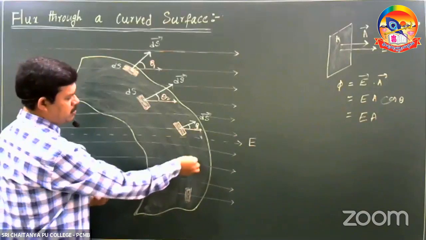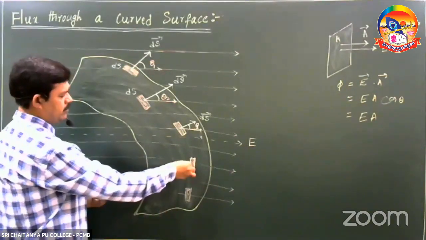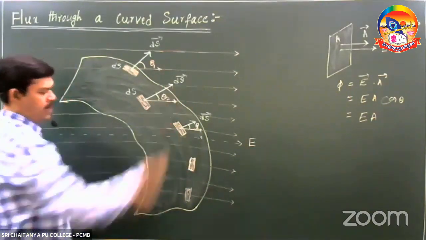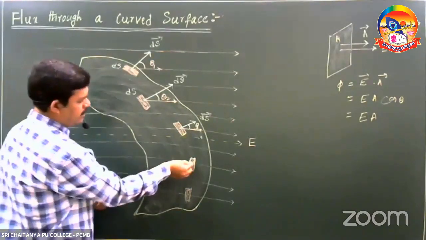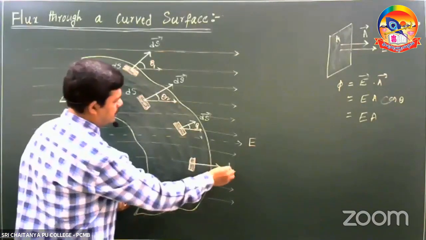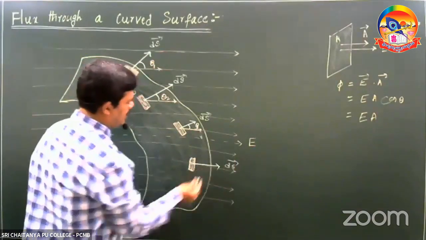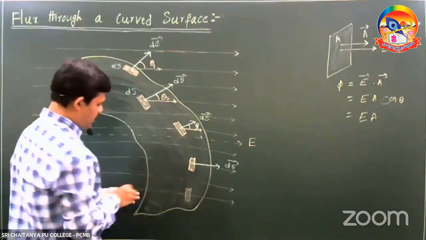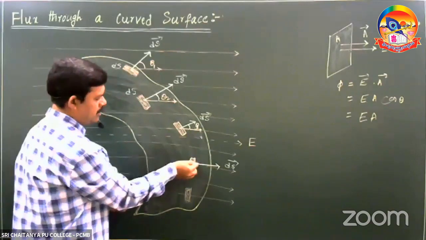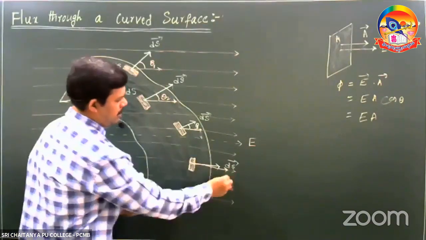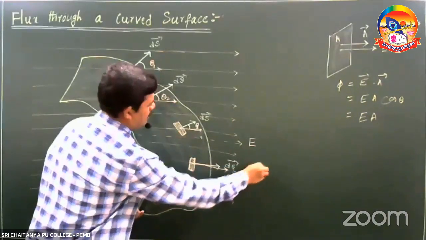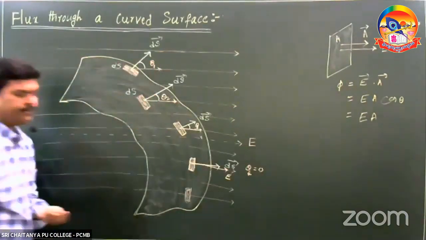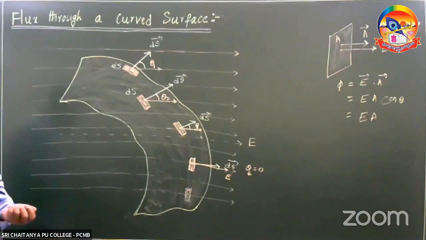Come to this small element I took. Here if you draw the area vector, this is the area vector direction, ds bar, and the field vector E is also in the same direction. What is theta here? 0.